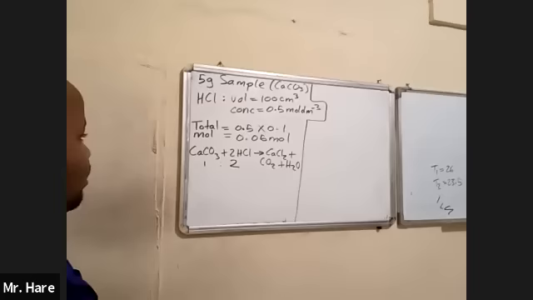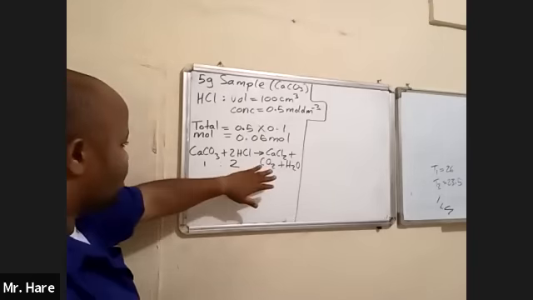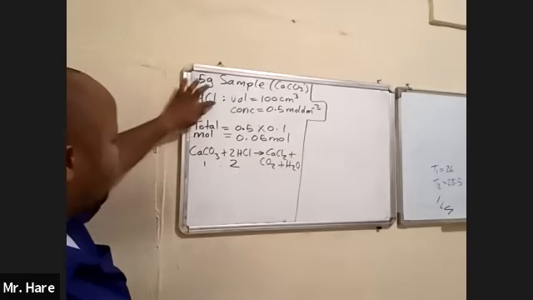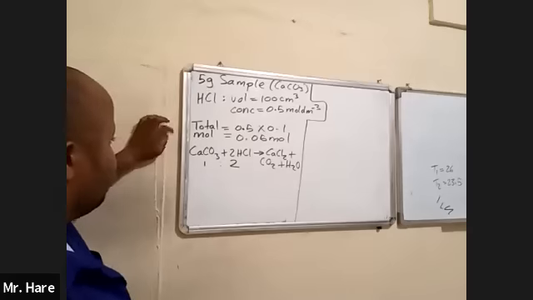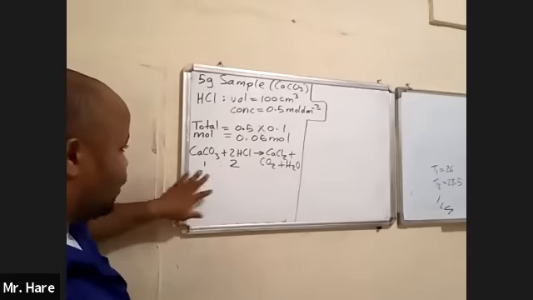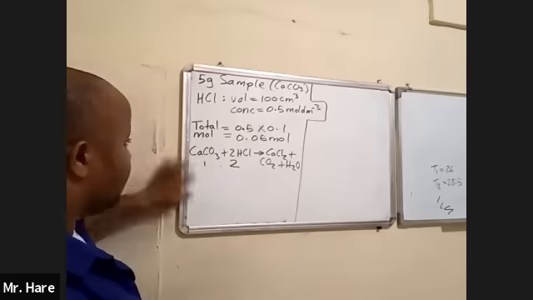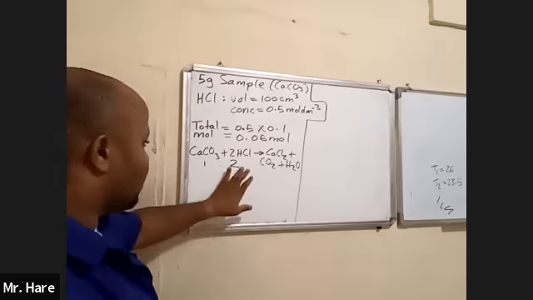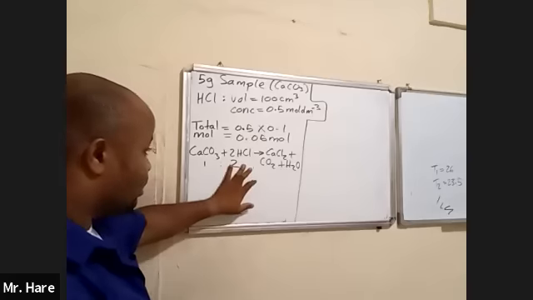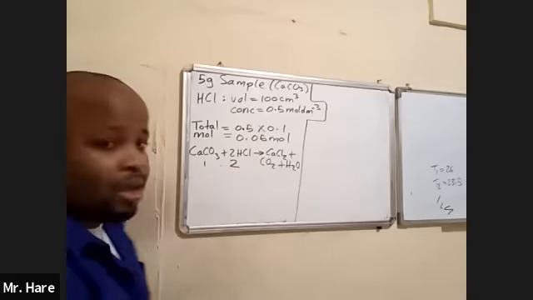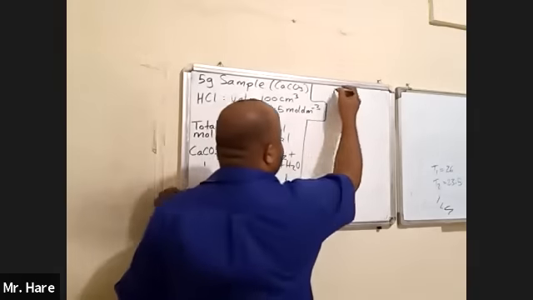This is what we do for the reaction. Calculate the moles of your HCl and set up your balanced equation. All we need is the number of moles of HCl that actually reacted, but to figure that out, we have to go to the titration.